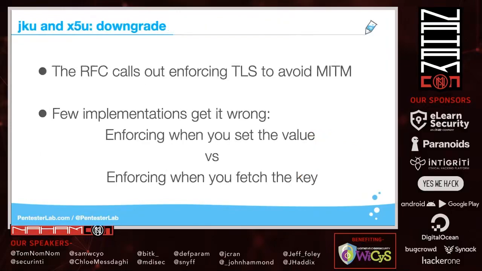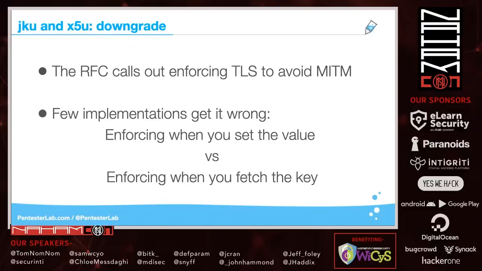Another issue that is pretty common is the RFC call out enforcing TLS to avoid someone manipulating the response. What the issue is that few implementations don't understand that properly. What they do is, instead of enforcing that the string starts with HTTPS during the retrieval of the key, they enforce it when you create the value.